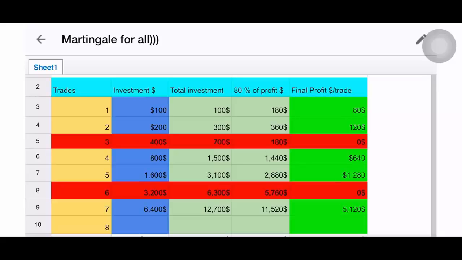It's exactly $320. That means $720 is what I am supposed to get if I make a profit here, but I lose it.